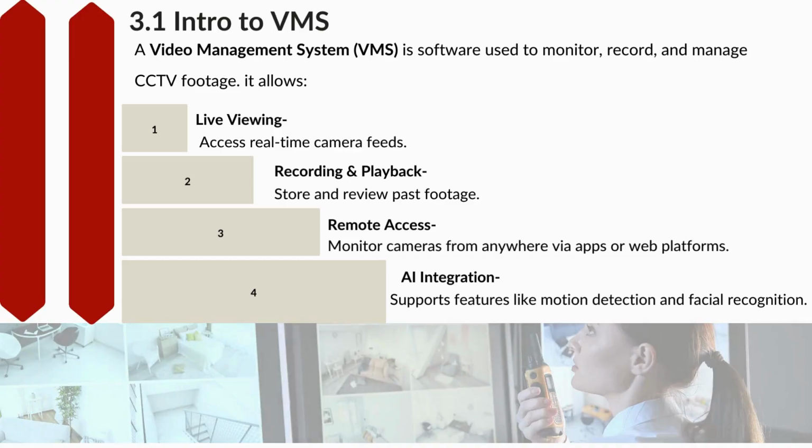Watch it because it's actually a software that is running on a computer, whereas your big screens are all in front. You can monitor the video, you can record on that same system, and you can manage the CCTV footage, as you can copy out footages from the software and analyze it for investigation purposes.